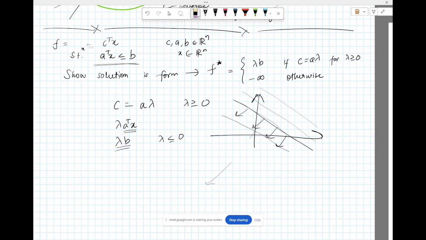Okay, this should be max, I think. Or I can keep this as main, and this should be less than or equal to 0.